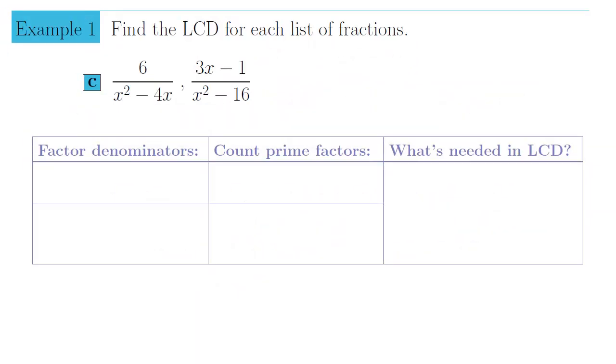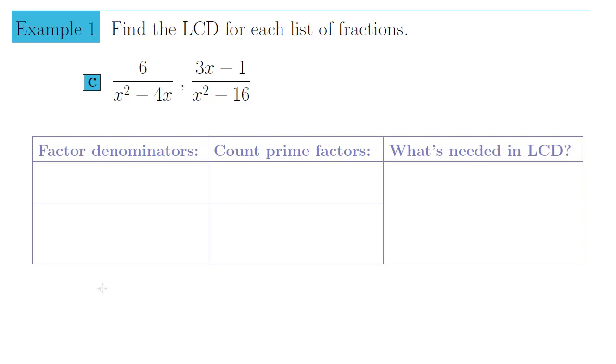Now we move on to some trickier examples. Example 1c. Find the LCD for the list of fractions 6 over x squared minus 4x and 3x minus 1 over x squared minus 16. In this example, notice our denominators are polynomials. But we're going to proceed with the same kind of process.